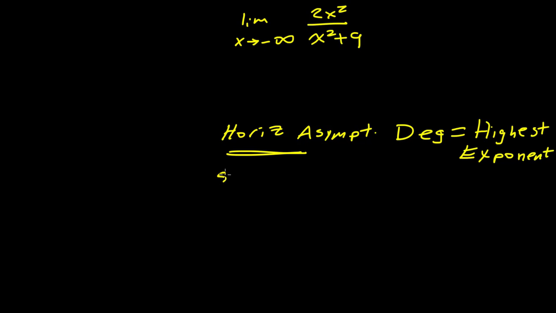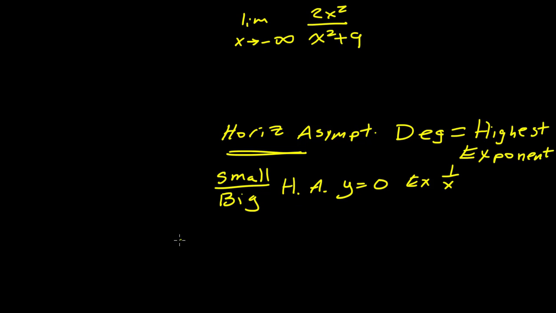So if I want to find horizontal asymptotes, I'm going to look at the degree. If I have a small degree over a big degree, then I'm going to have a horizontal asymptote at y equals 0. So for example, if I had just 1 over x, that has a horizontal asymptote at y equals 0. If I have a big over a small, so the degree on top is bigger than the degree on the bottom, then for horizontal asymptotes, well, I don't have any.